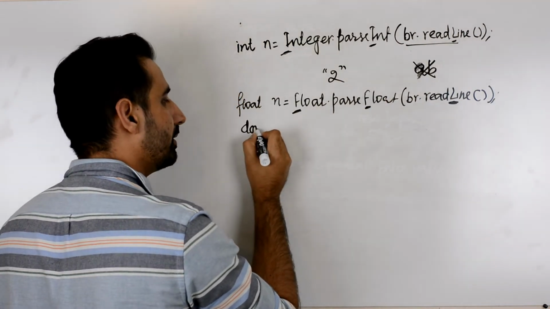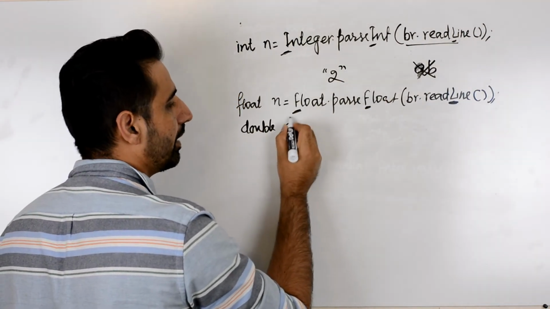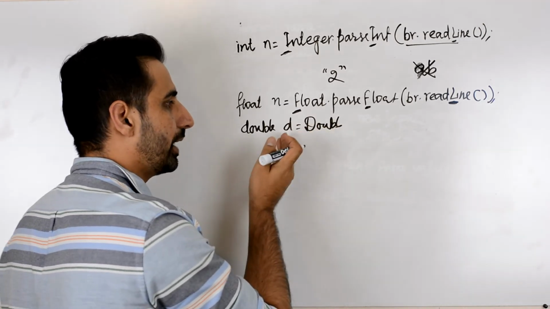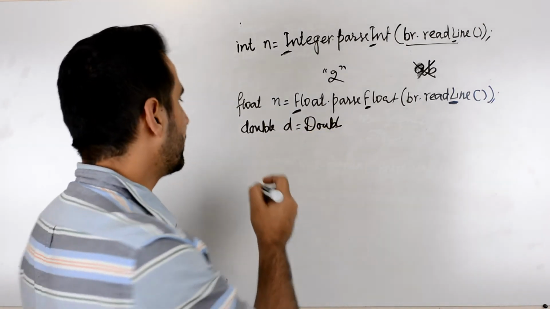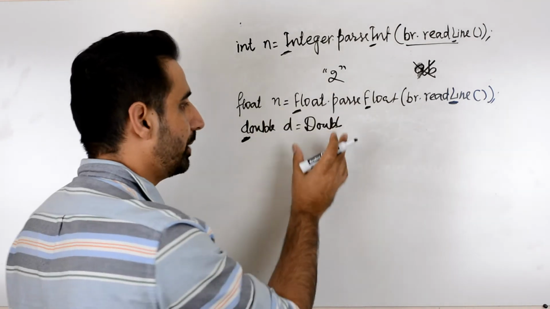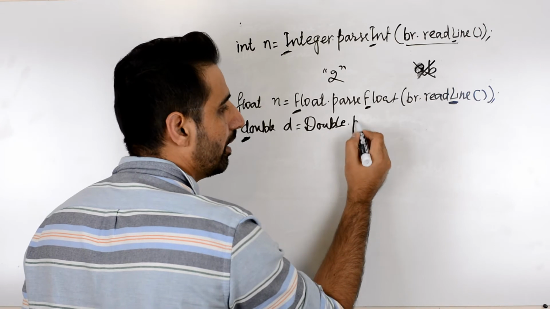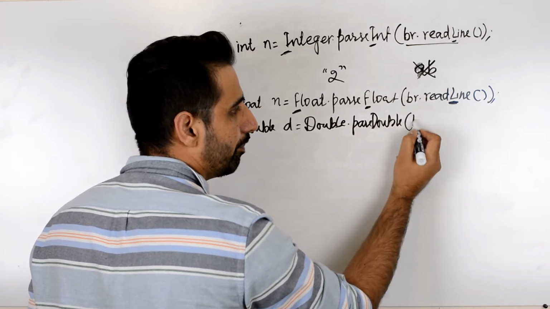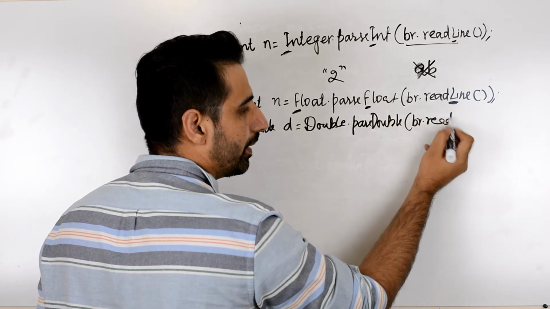If we have double, then we write double any number equals, and whatever we write before the equal sign has to be in small case, and whatever we write after the equal sign has to be in capital. So we write Double.parseDouble(br.readLine()).